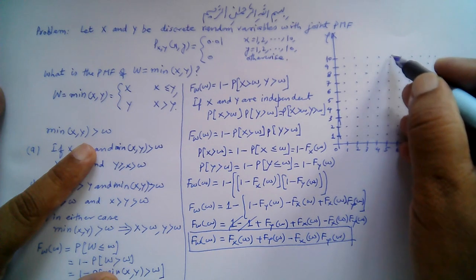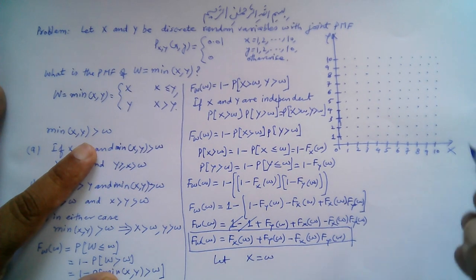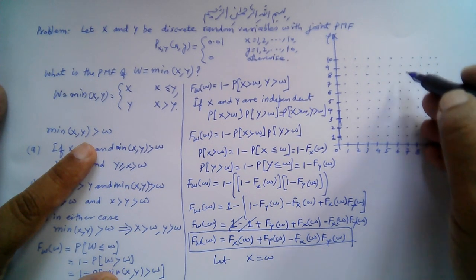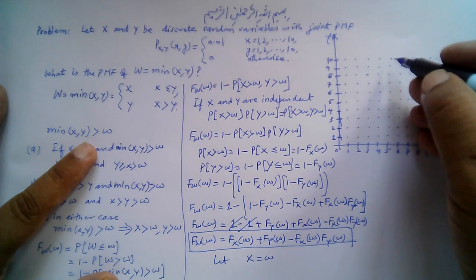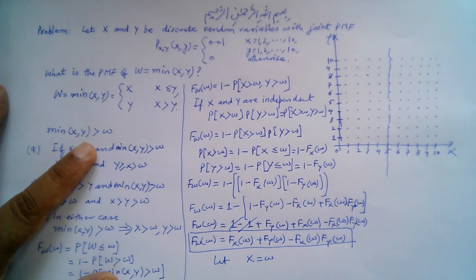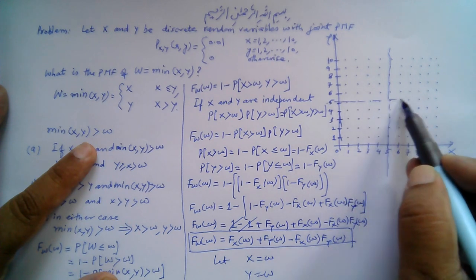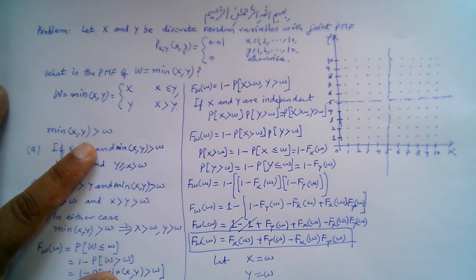For example, let X be equal to some value W. So X equal to W will be a straight line, something like this. And Y equal to W will be another straight line like this, a horizontal line.